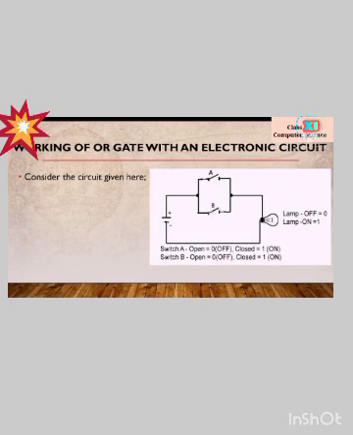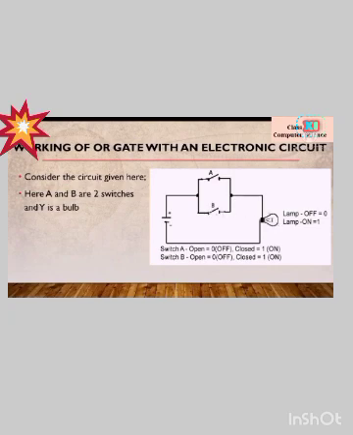If you want to, you can see the electronic circuit of this OR gate. Consider the circuit given here. You can see a lamp is connected. If you want to turn on the lamp, we have to provide the inputs. A and B are 2 switches and the lamp is the bulb. For making the lamp on, either we switch A or we switch B, right?